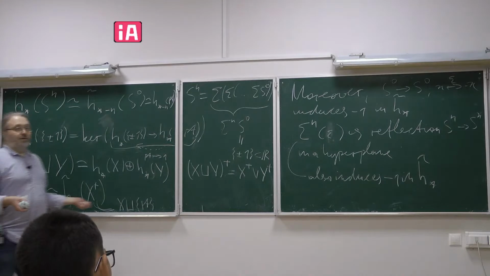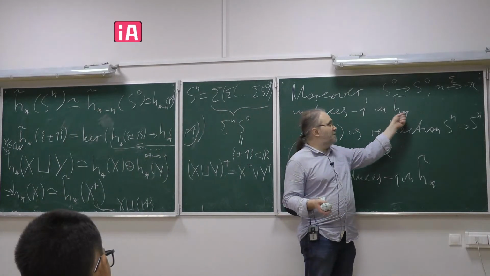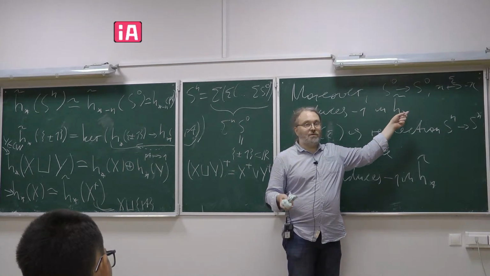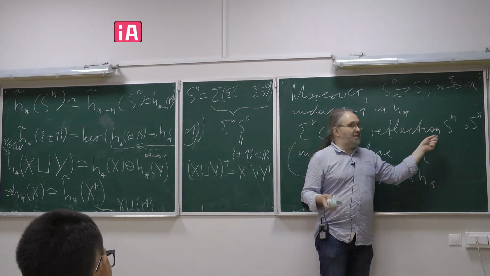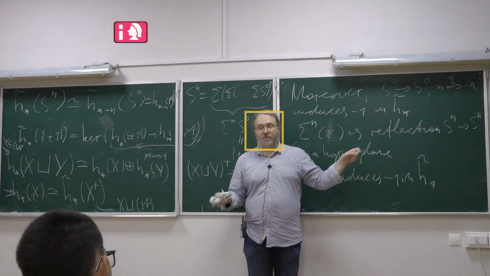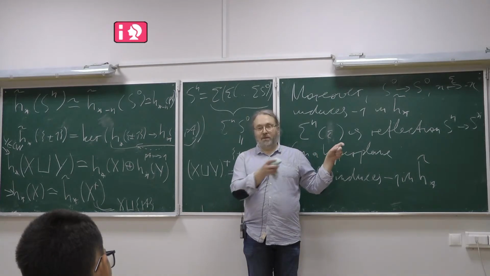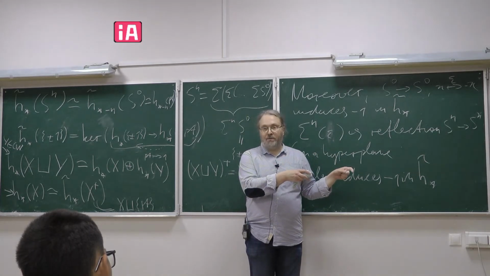So we've calculated the map of the reduced homology of Sn induced by reflection in a hyperplane.